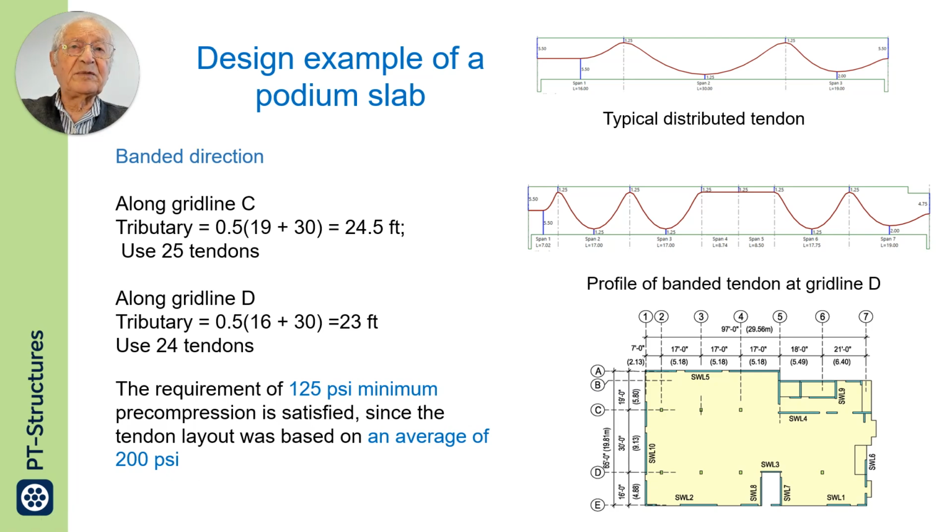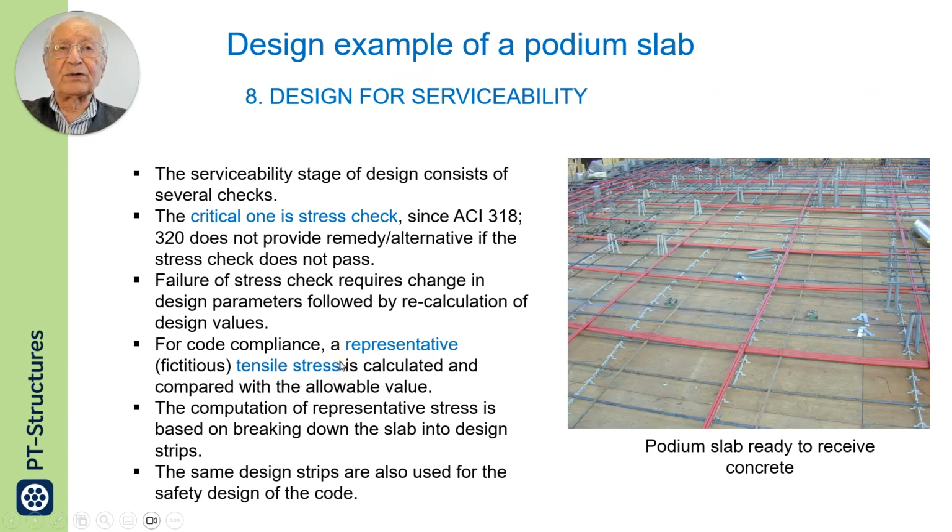So I meet the minimum requirement of precompression as ACI understands precompression in the banded direction also. And I analyze to obtain a solution. The diagram here shows the distributed and banded.